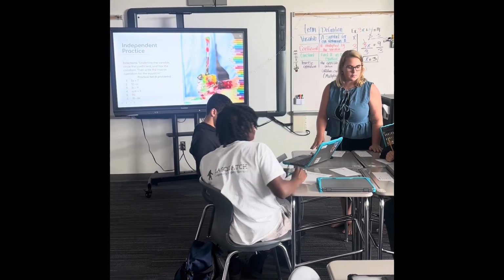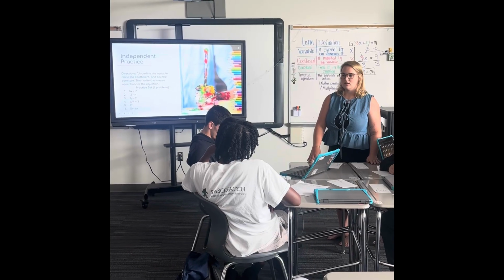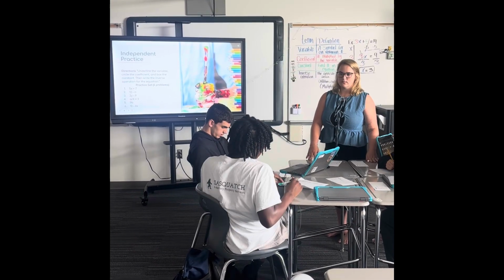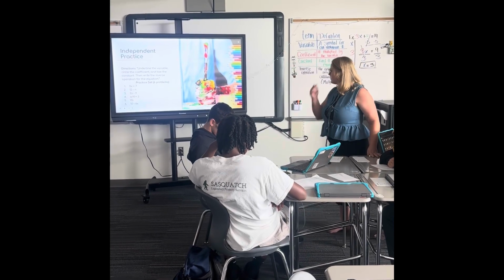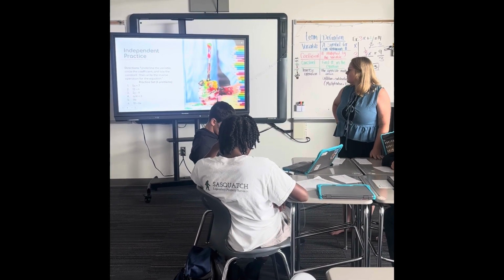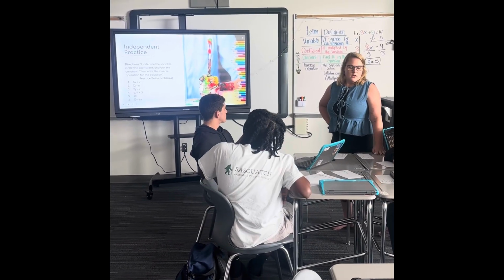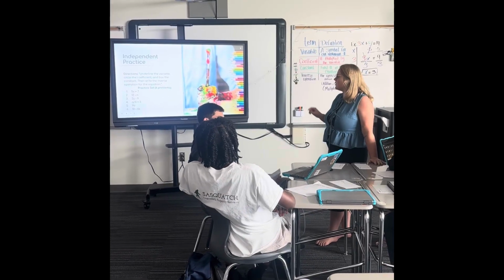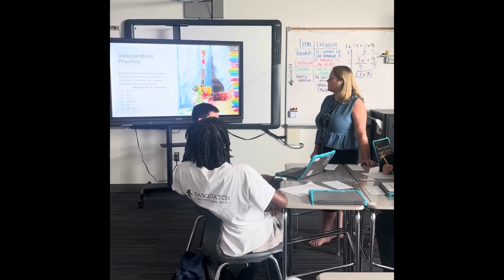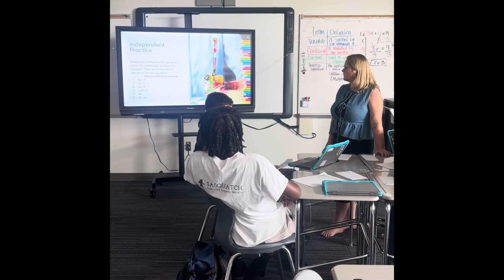There's more problems on the back. So if you need more support, you can underline the variable, circle the coefficient, and box the constant, so that you can recognize it in an example.